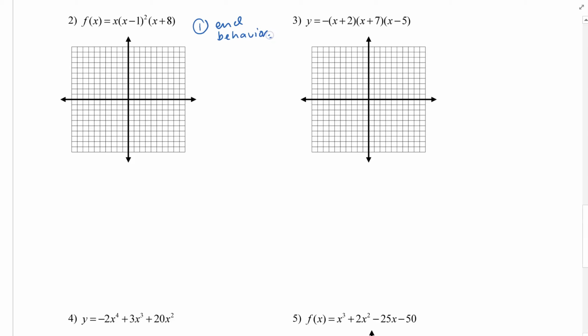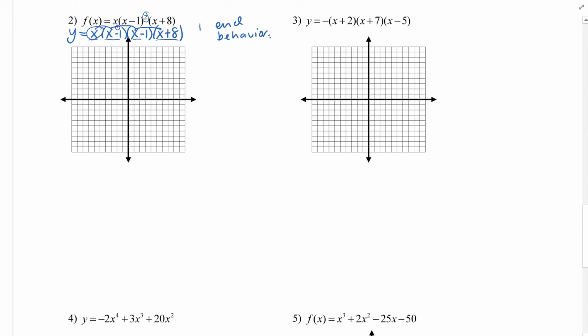So let me just point something out to you. One of these factors here is squared. And so what we have is x times x minus 1 times x minus 1 again times x plus 8. So technically, this equation here has 4 factors. What that tells me is that if I were to FOIL it out, which I'm not going to because that would take a lot of time, I know that at some point I would have had to multiply x times x times x times x.